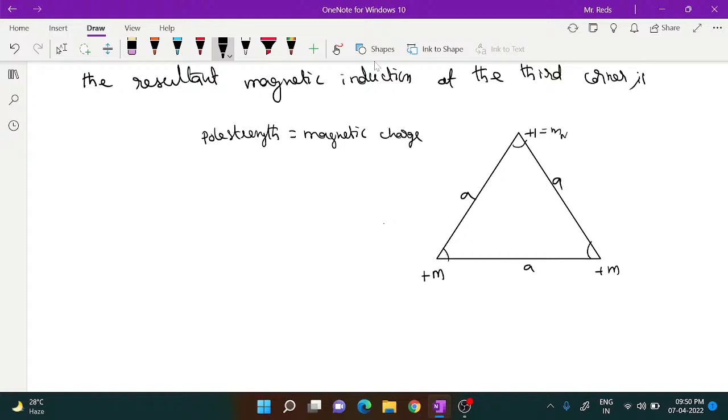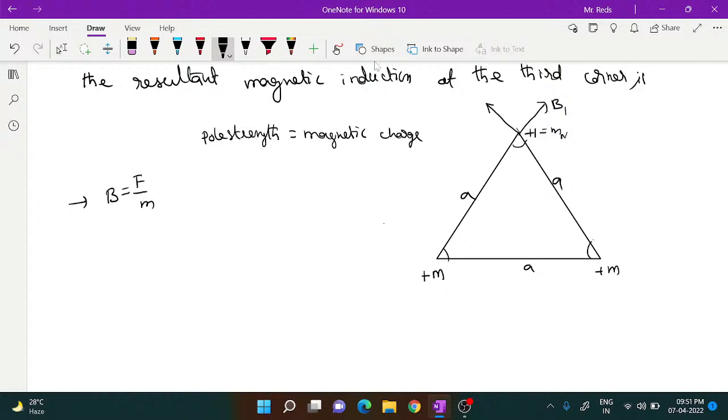Then you have to find the magnetic field here due to this and due to this, and then add them vectorially. Magnetic field by definition is force per unit pole strength. This is positive, so the force will be repulsive, and the field will act in the same direction along the line joining.